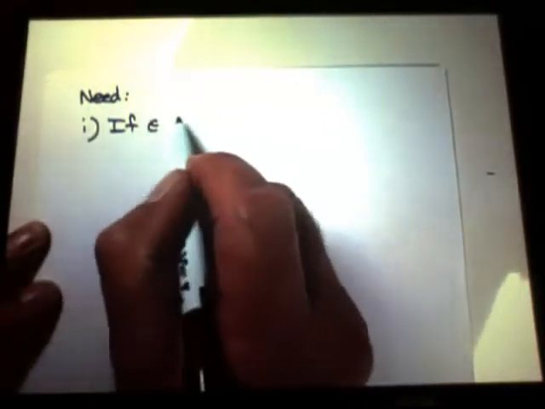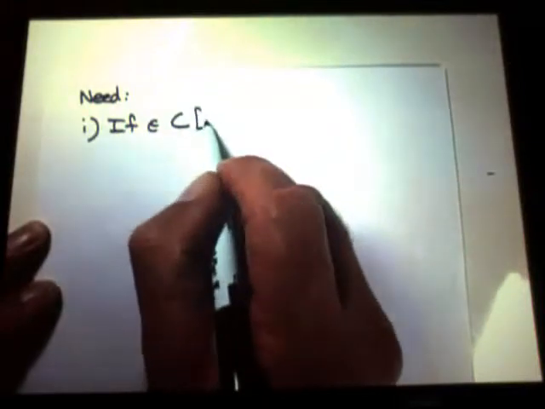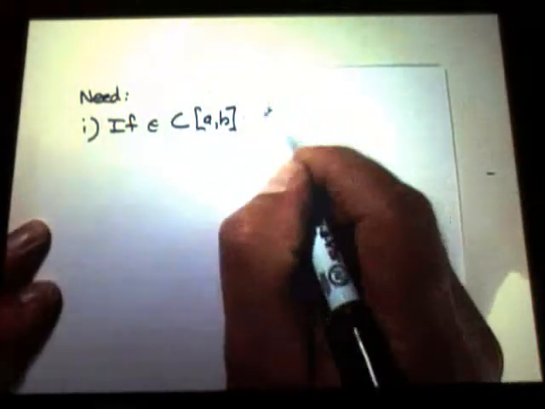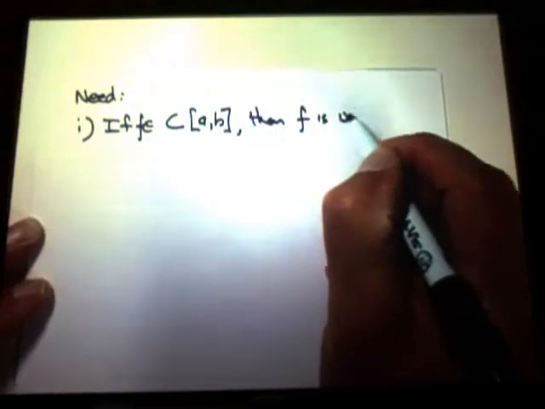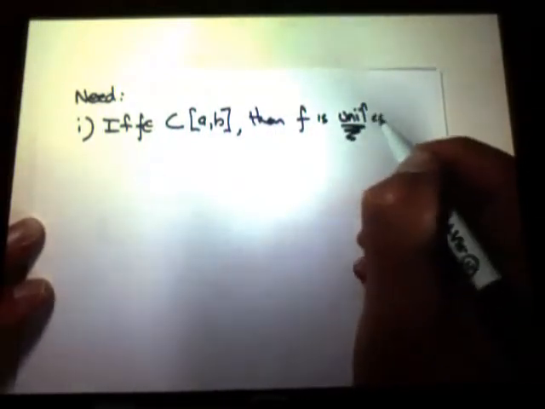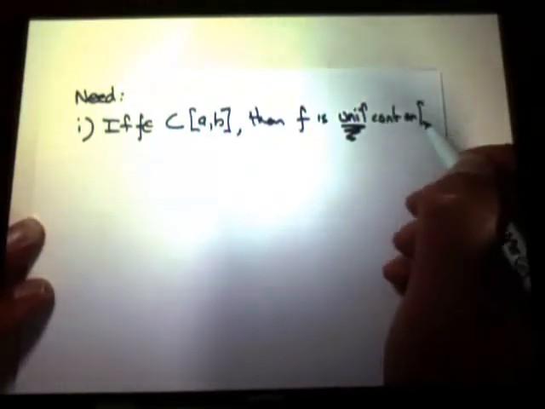A continuous function on a closed interval is uniformly continuous. We need that. We need, badly, that if f is continuous on the closed interval AB, then f is uniformly continuous on AB.